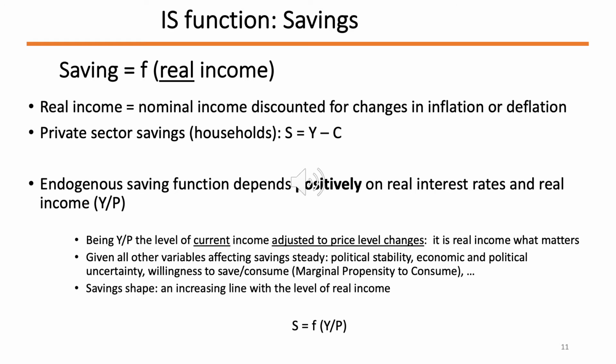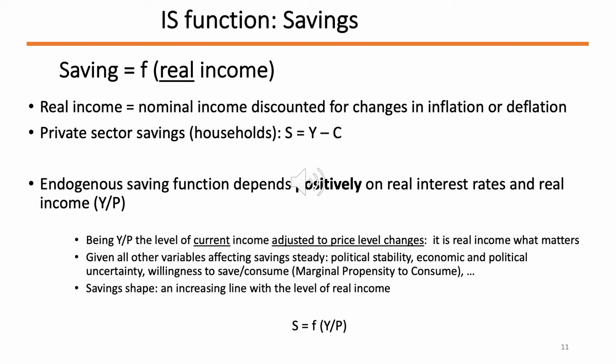What about savings in this model? Well, savings are also an endogenous variable. They are explained within the model. They are a positive function of real income. So the higher the level of real income, the higher savings will be. Why? And again, this applies to the private sector savings, household savings, because total savings are just the difference between real income minus consumption.